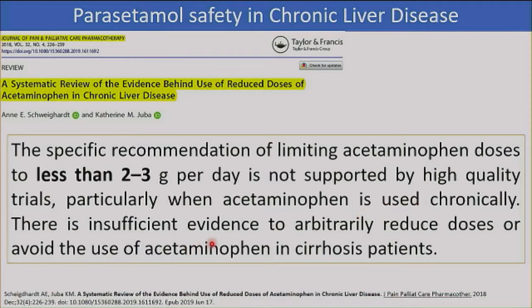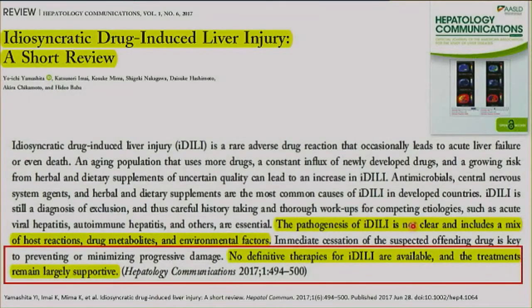There is insufficient evidence to recommend that we have to reduce the dose or avoid the use of acetaminophen in cirrhosis patients. So it seems more research is needed to confirm that a dose of acetaminophen more than 3 grams must be prevented.